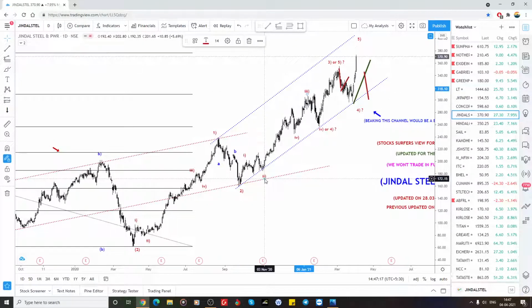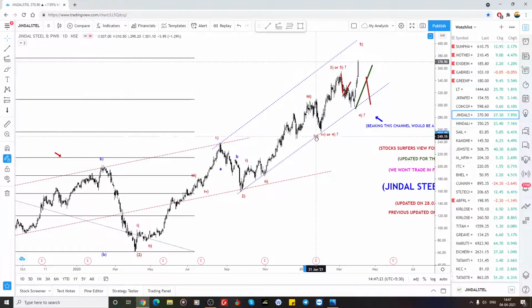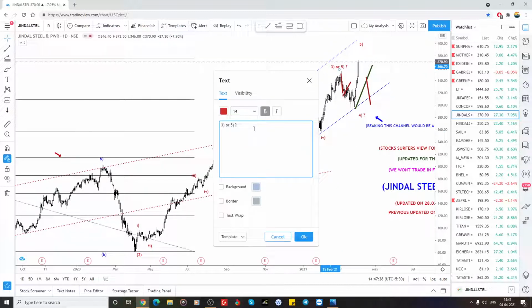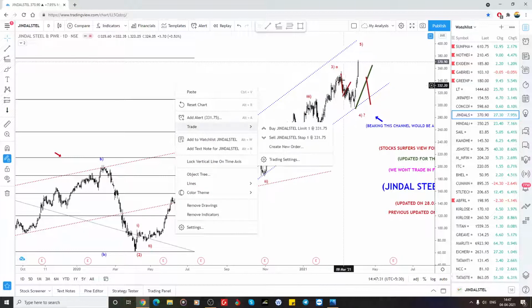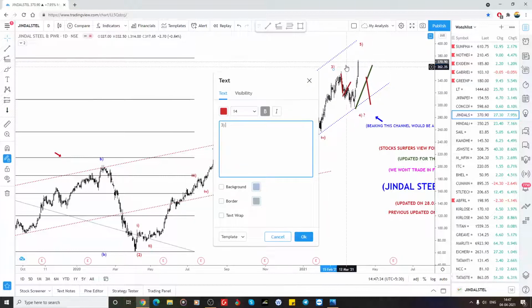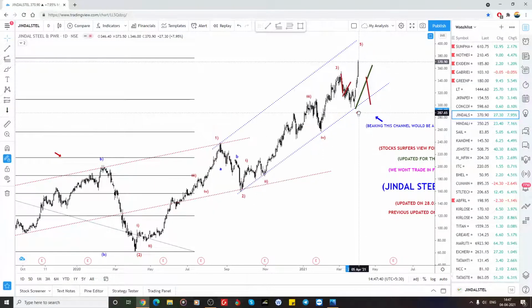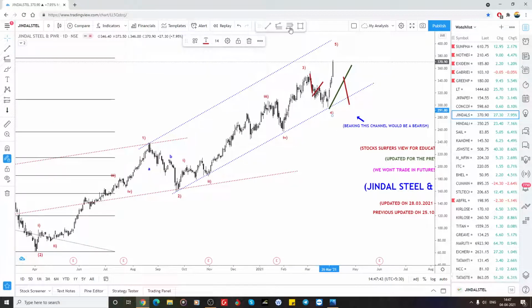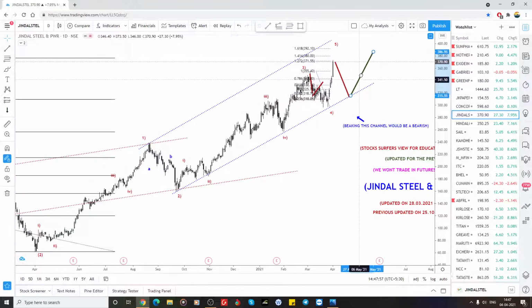So 1, 2, I think here is 1, 2, 3, 4, and this is the 5. So now this is the end of the third, and this is now a fourth wave. I'm marking this as a fourth wave, but sometimes the fourth wave may still be ahead, in the pattern of an irregular flat, exactly the 1.272, and suddenly it may fall like this and then again go for the fifth wave.